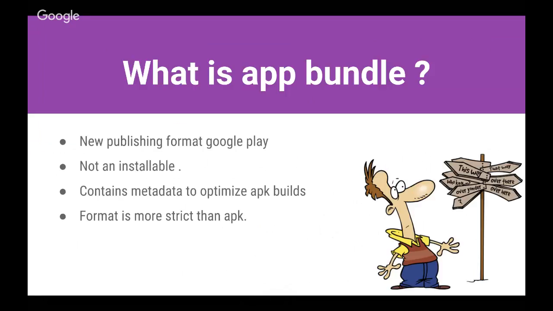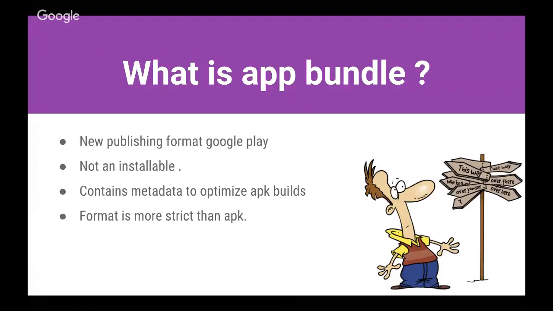What is App Bundle? App Bundle is a new publishing format that we have added to Play, where this is not an installable by any means. Installable is still the APK. You have a new publishing format. So instead of uploading an APK to Play Store, you are now going to upload a new file format called AAB. Now, what does it contain, how is it different from an APK? Well, it contains some additional metadata which we can use for generation of APKs on Play servers.